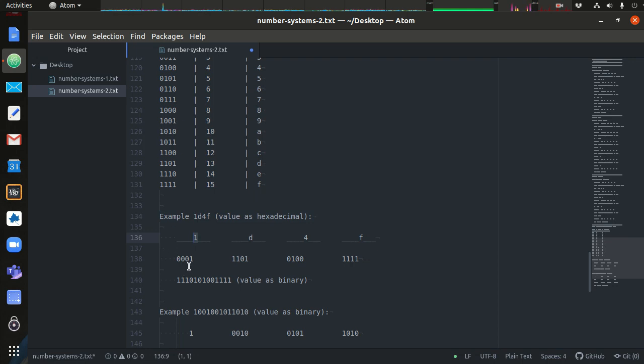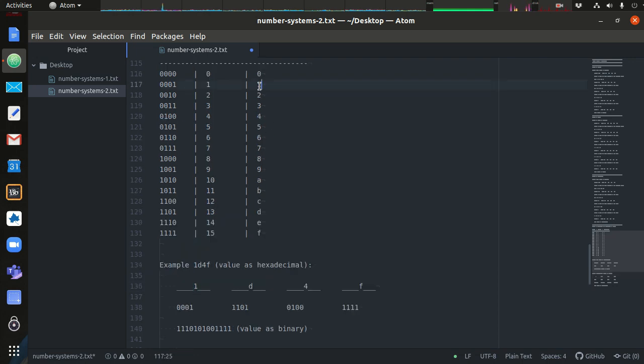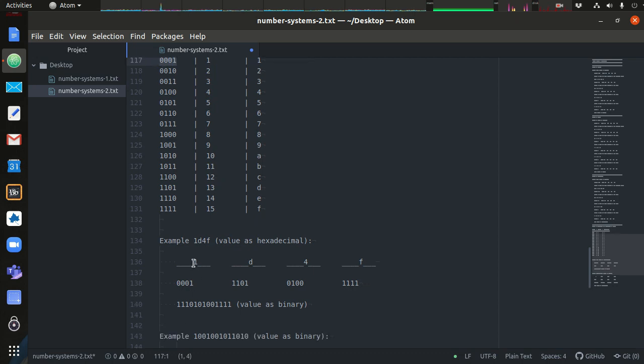So what is a 1 in binary? A 1 is these 4 digits in binary. So a 1 in hexadecimal is equal to these 4 digits in binary. A D in hexadecimal, remember that's 13, is equal to these 4 bits, 1101. And then a 4 in hexadecimal, look in our chart, is equal to 0100.